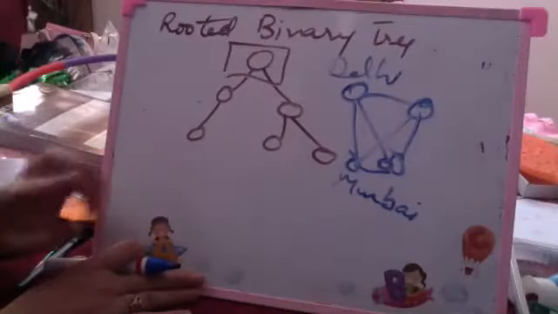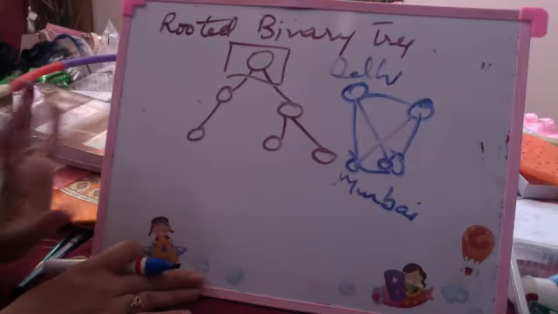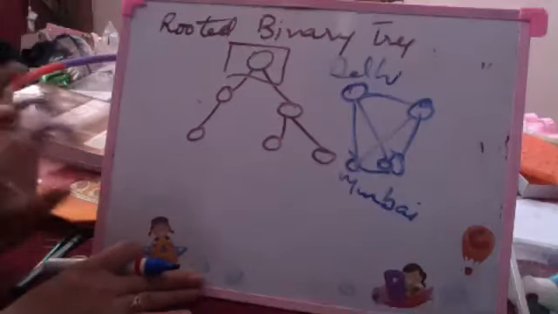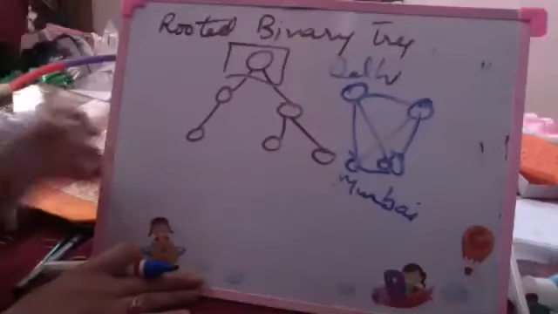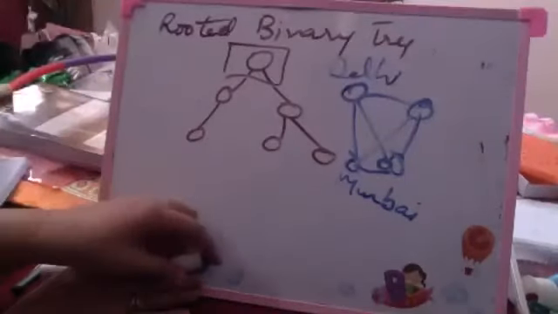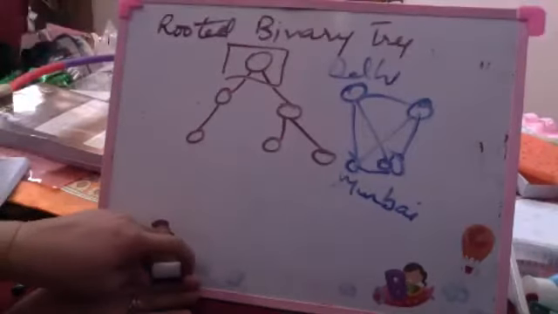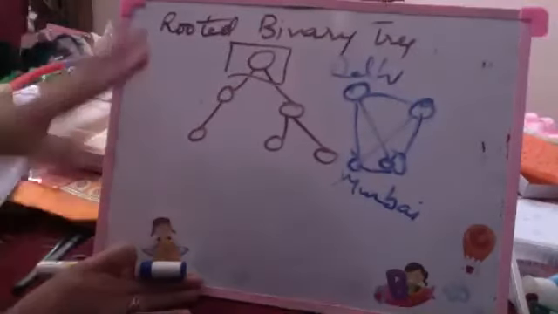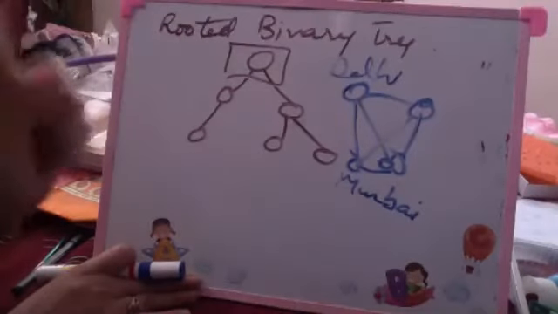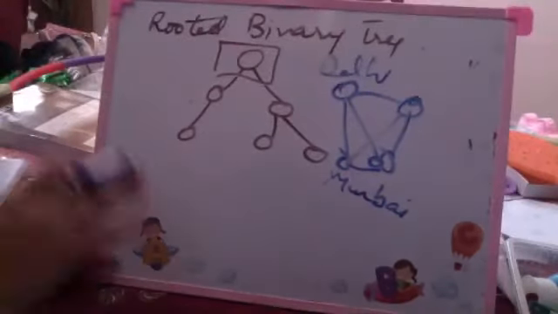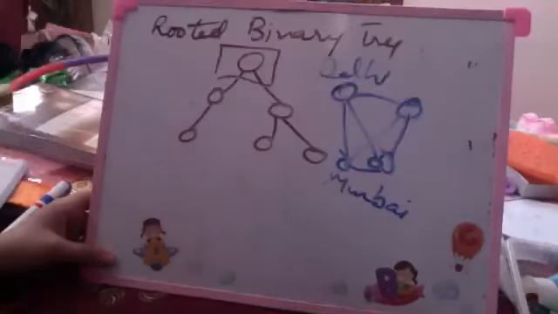Free tree and graph are same things. Depending on the situation, any node might become the source of how you are traversing the particular tree. That is not the case in a rooted tree. A rooted tree has to have a single root, and we are here concerned only with rooted binary trees. Is this clear?